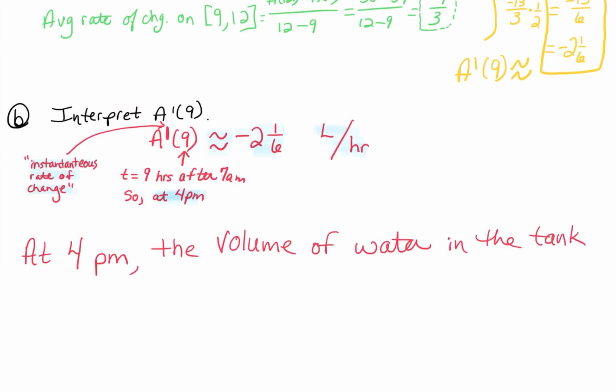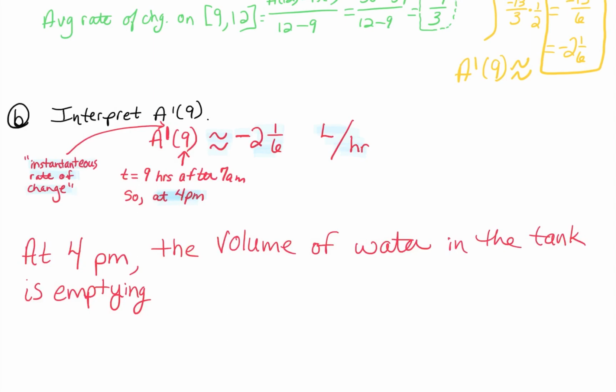is, describing what the function is in practical terms, and because this is negative, it means it's emptying, which we already had described to us in the problem, but even if it wasn't, we would know it from the negative.